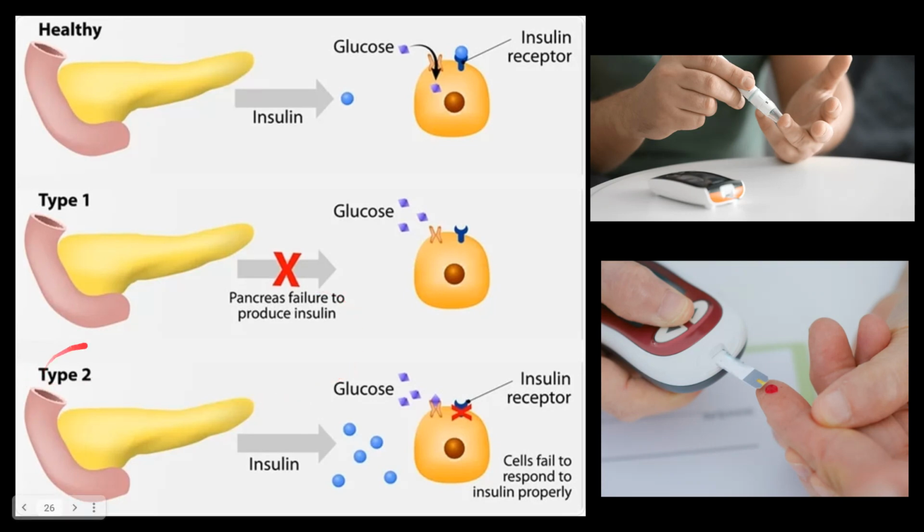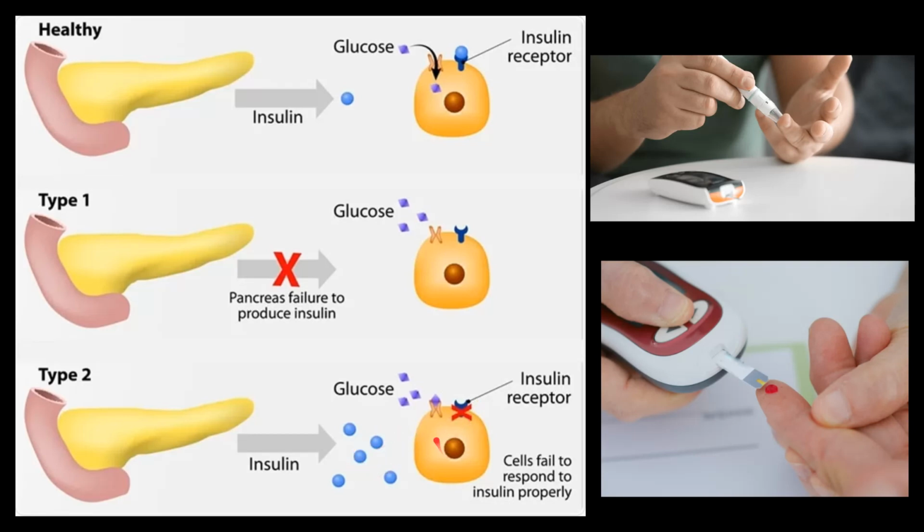Type 2 diabetes, right? What happens in type 2 diabetes? In type 2 diabetes, the pancreas is producing insulin, right? Let's say the amount of sugar in the blood goes up. Well, the pancreas makes insulin to try to bring it back down to normal. But in this case, the insulin stops working.